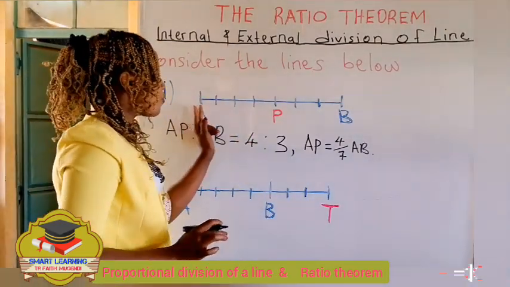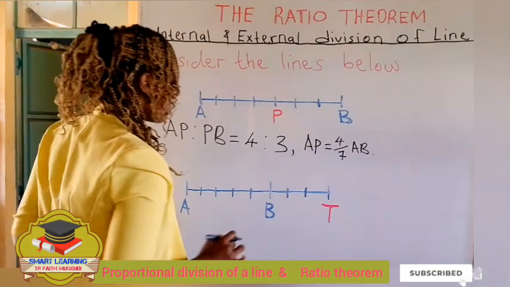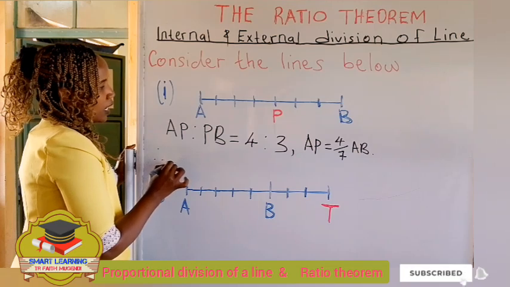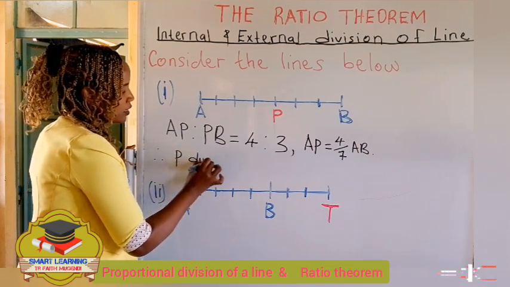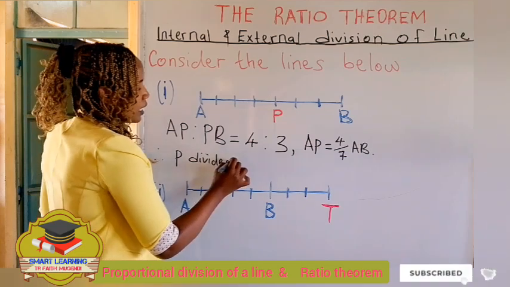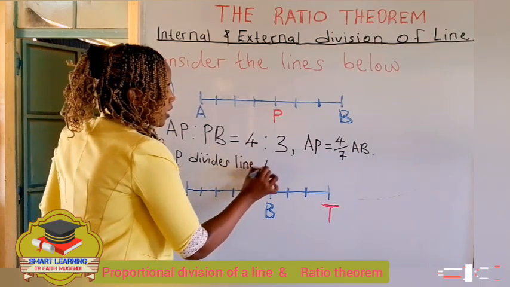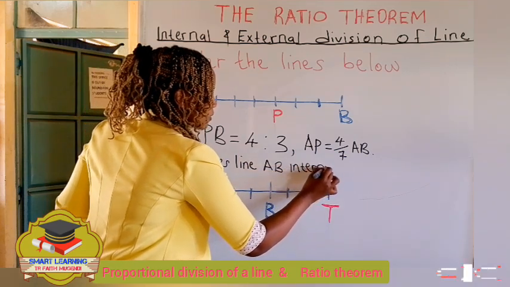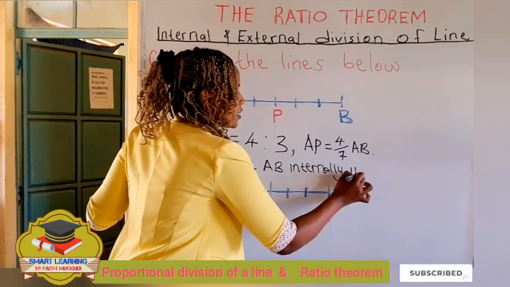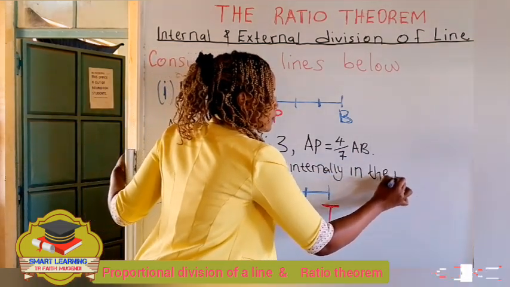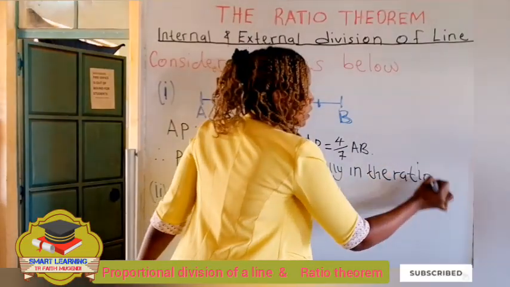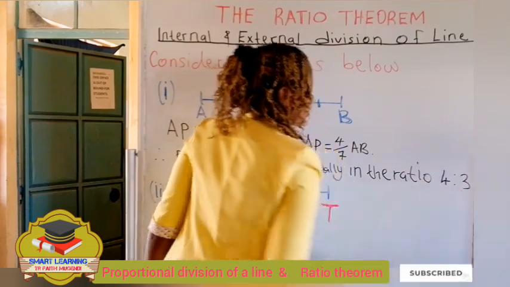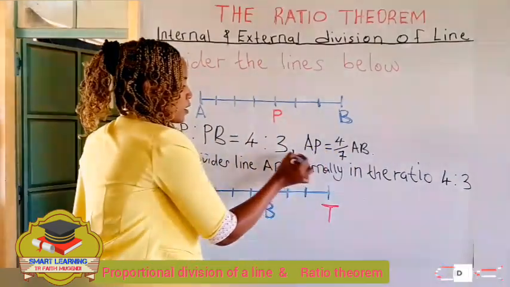We normally say that P divides line AB internally in the ratio 4 is to 3. That is internal division of a line.